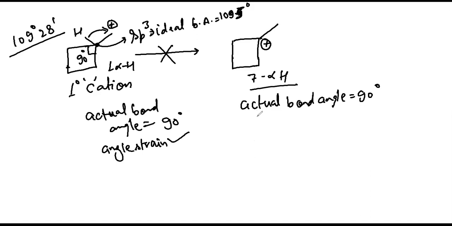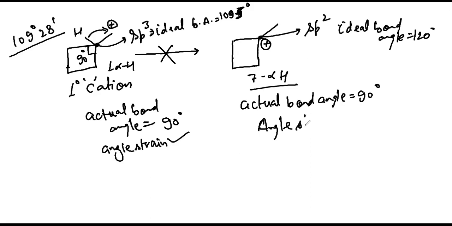Now, what about this hybridization here? Sir, sp2. So what should be the ideal bond angle? 120. Tell me what will happen to angular strain? Yes, present, but is it higher than the previous one or lower? It's higher, sir. Why?